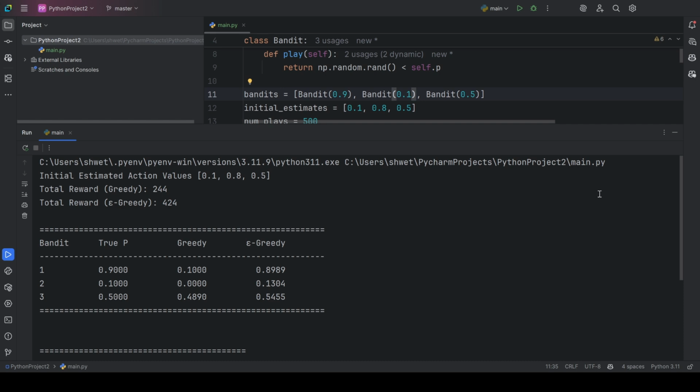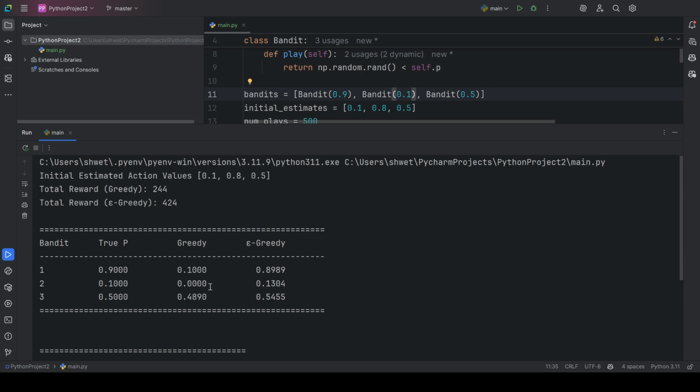So let's take a look at what actually happened. Our initial estimates were 0.1, 0.8, and 0.5, according to which the second bandit is the best. So greedy policy kept on choosing the second bandit, but the winning probability of the second bandit was 0.1. So therefore it almost always lost, and it updated the value to be 0, which is close to the true value.